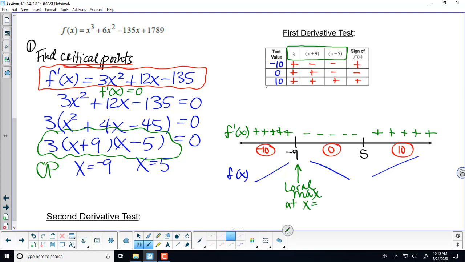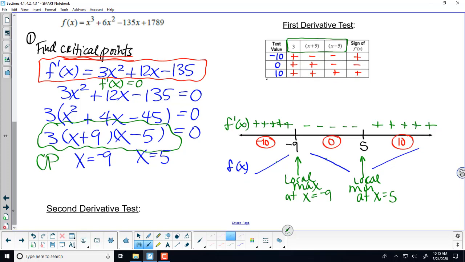So we have a local max at -9, which is a critical point. If it changes from decreasing to increasing at a critical point, then we have a local minimum at x equals 5. Okay?